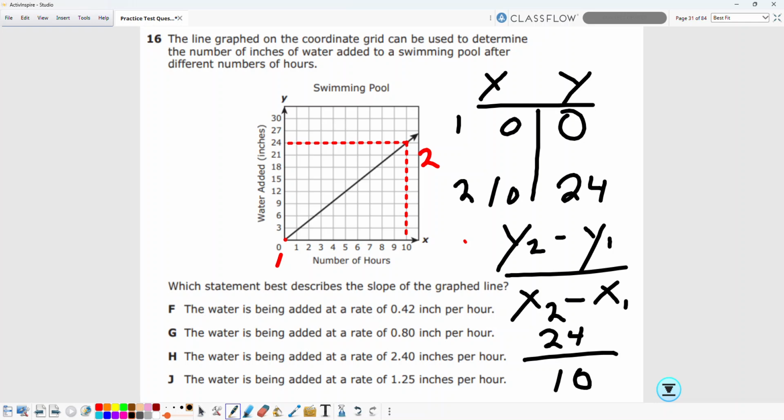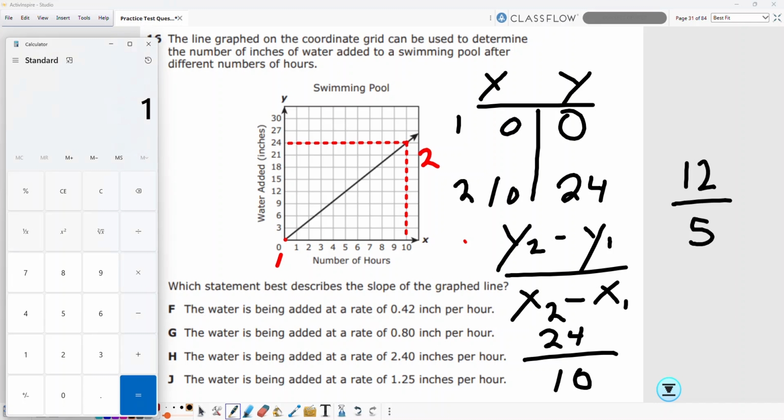The rise over run is 24 over 10. The largest number that divides evenly into both 24 and 10 is 2. So we have 12 over 5.